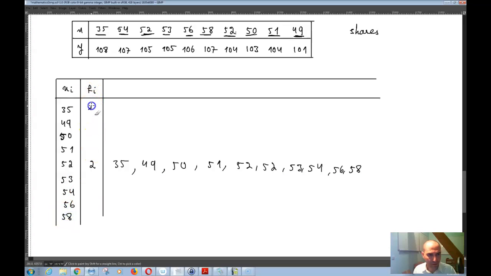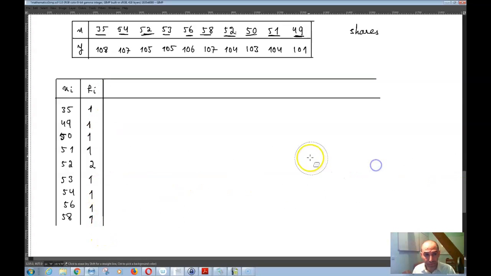And the frequency of all of these is 1, 1, 1, and so on and so forth. So that is my data.